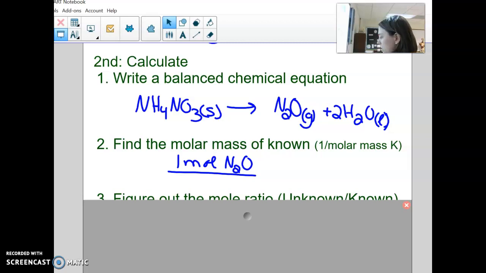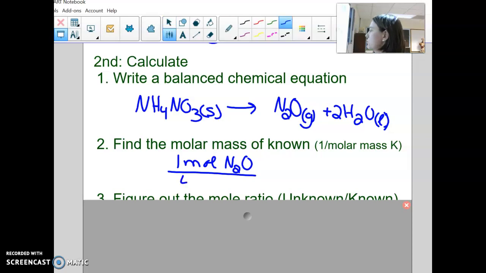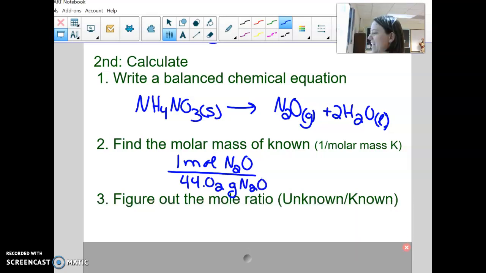So nitrogen is 14.01, and we have 2 of them. 14.01 times 2 plus oxygen, which is 16, 44.02 grams N2O. My 2 got a little crazy there. It almost looks like a subscript, but it's not.